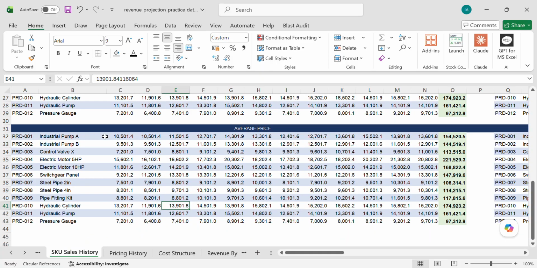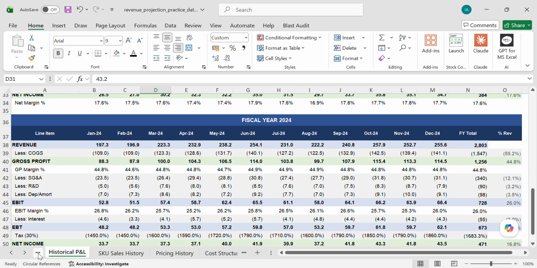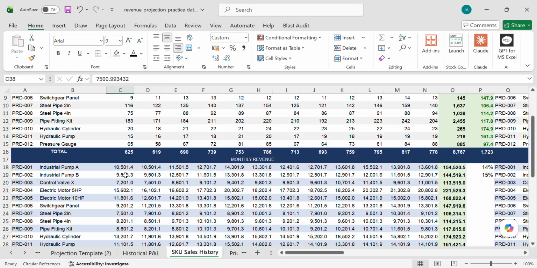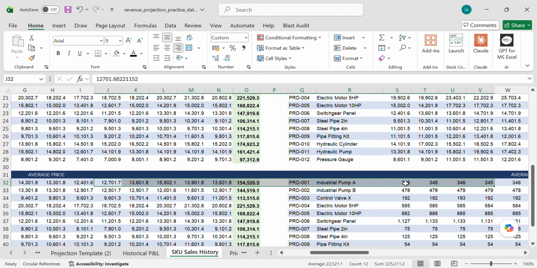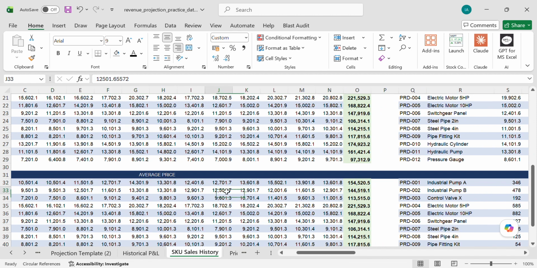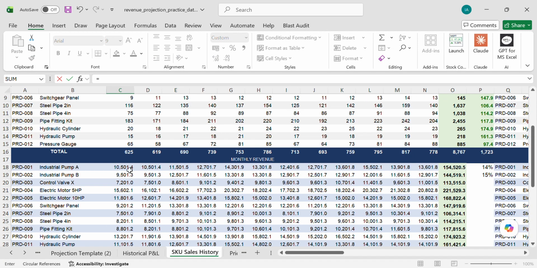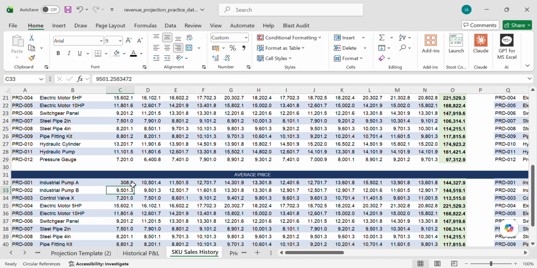So we have the average price here already. You can also do the same thing for this one. That's how they got that one. So this one divided by this. So 308.